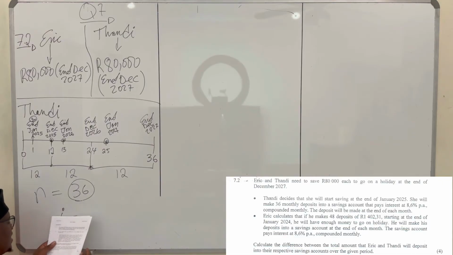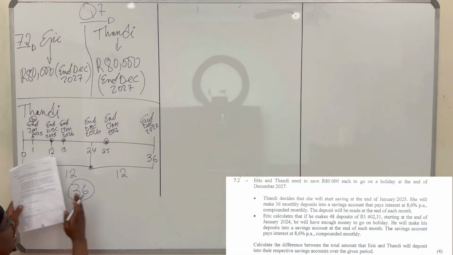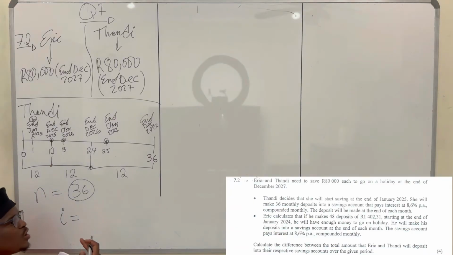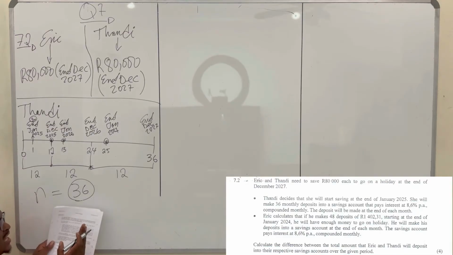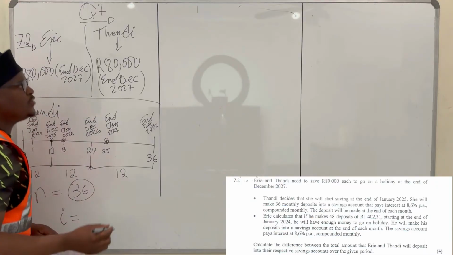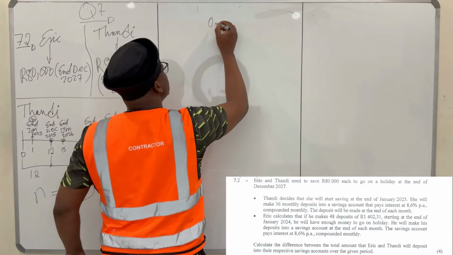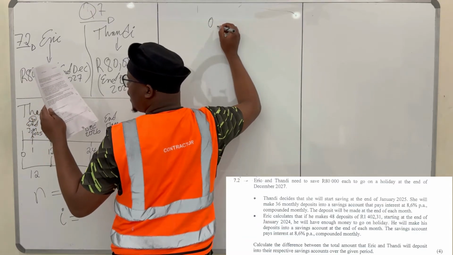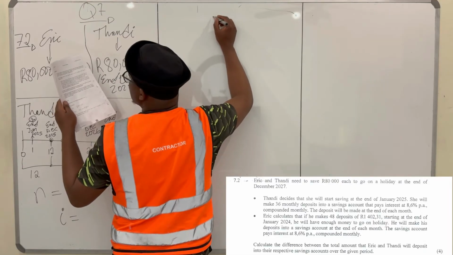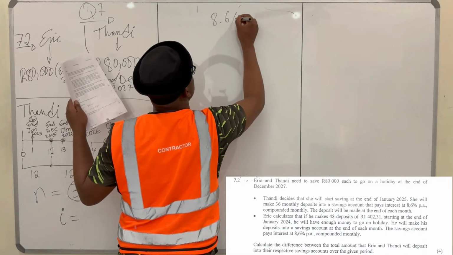The rate that she's earning in that account is 8.6% per annum, which means in a year, she should be getting 8.6%.